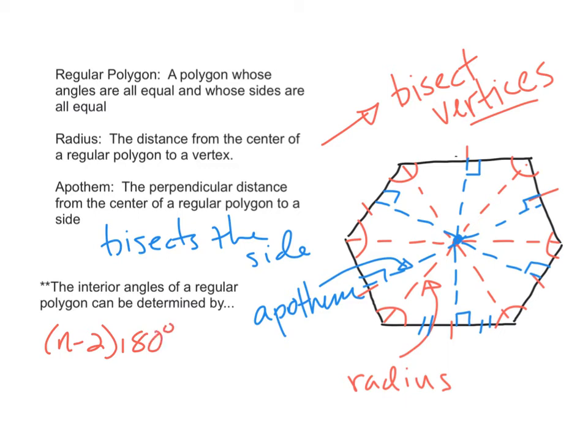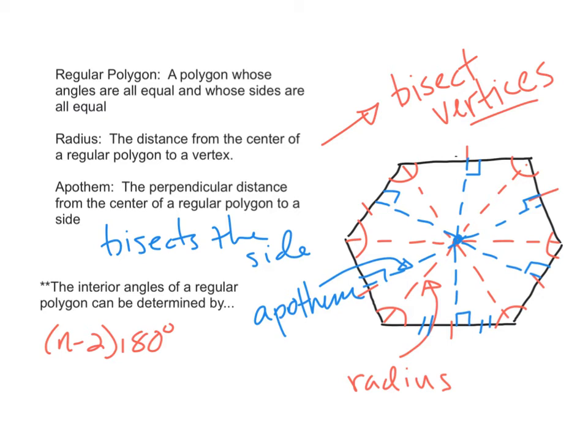So n meaning the number of sides. So for this one, there's 6 sides, so I would do 6 minus 2, which is 4. 4 times 180. And so that would be 720 degrees. And so each one of these angles adds up to 720 degrees. Well, how do I figure out what each angle is then? Well, I take 720 and divide it by 6. If I divide 720 by 6, I believe I get something like 120 degrees. So each one of these angles is 120 degrees. Okay.